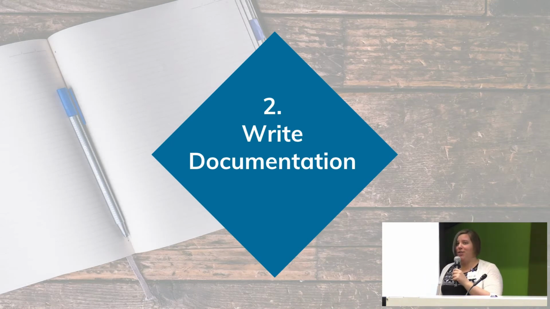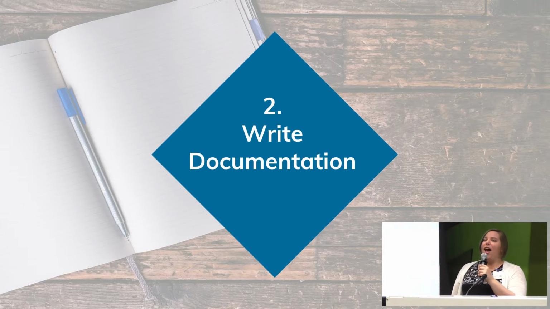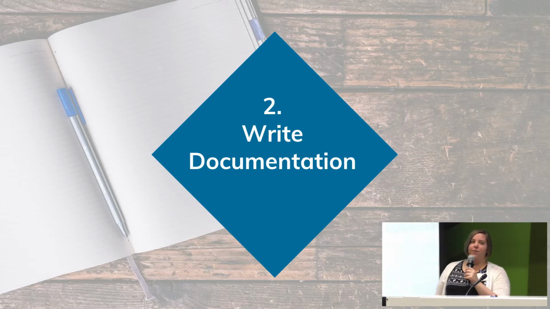Write documentation. I know, everybody loves this, right? Cue all the groans. I can't count how many times I've had to integrate with an internal service and all the other developer does is give me a link to a GitHub repo. I don't want to dive through your source code to figure out what's going on. Write some documentation.